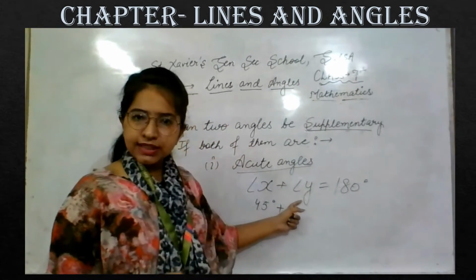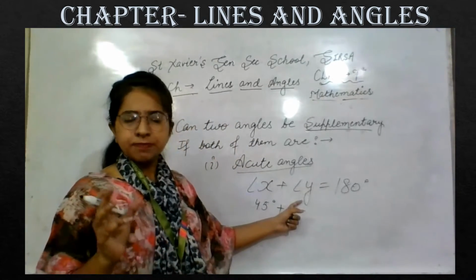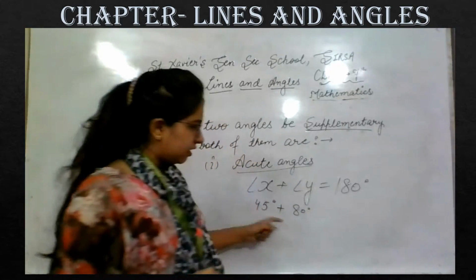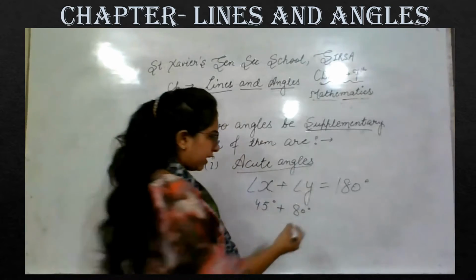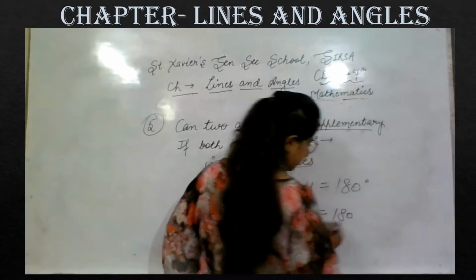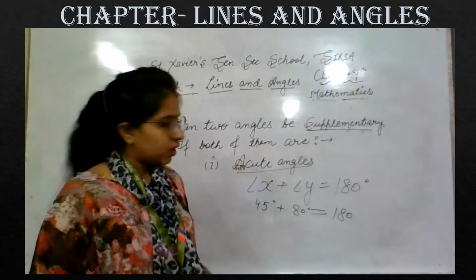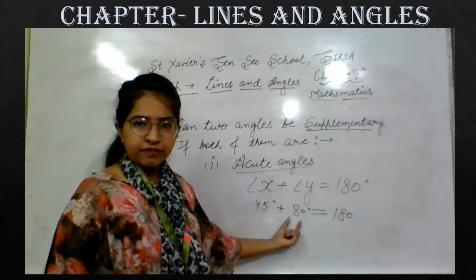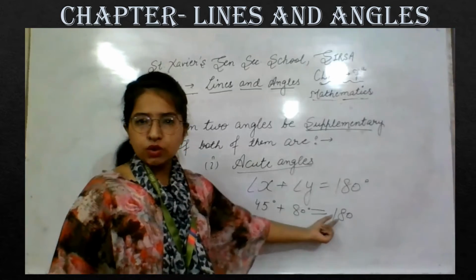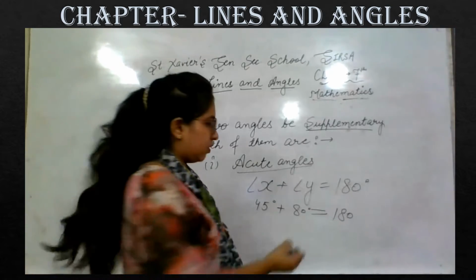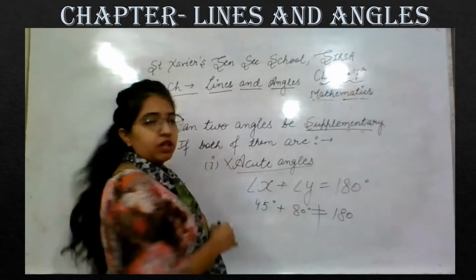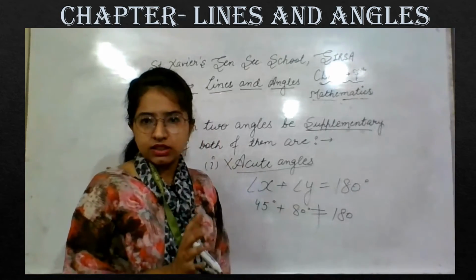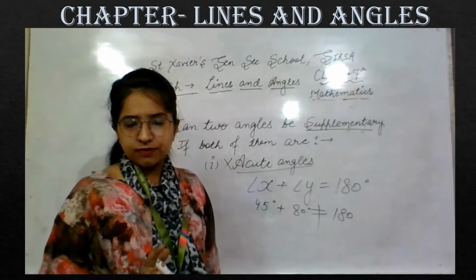This one is also less than 90 degree, so I'm taking y as 80 degree. See, is this equal to 180 degree? No. Sum of 45 and 80 is 125. This is not equal to 180 degree. So this situation is wrong. Both angles cannot be acute angles, less than 90 degree.